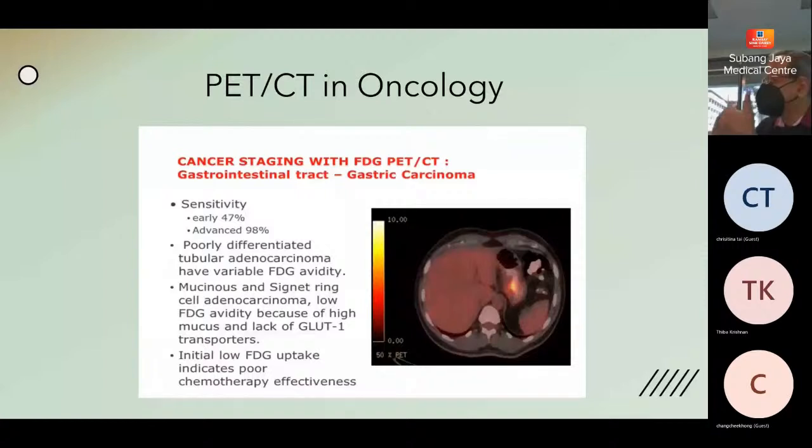And this is something that's important because certain types of aggressive gastric carcinoma, like the signet ring type, even though it's an aggressive tumor, don't pick up a lot of FDG. Interestingly, studies have shown that in signet ring cell adenocarcinoma, lower FDG uptake indicates poorer chemotherapy effectiveness. So basically, we can actually prognosticate the patient's condition.